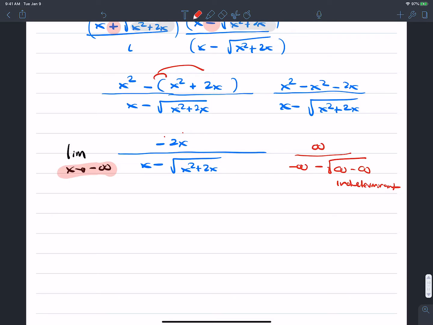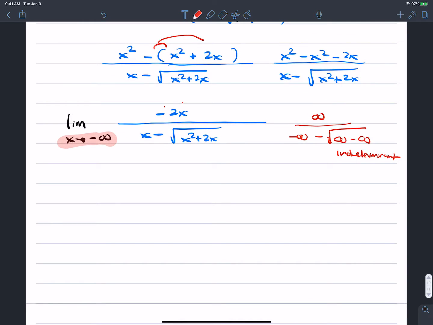So how is it that I'm going to actually handle this if it's indeterminate again? Let's go back and think about this here. What did we do yesterday with some of these examples when you had rational functions? Do you guys remember? With rational functions, you have a polynomial in the numerator, polynomial in the denominator.